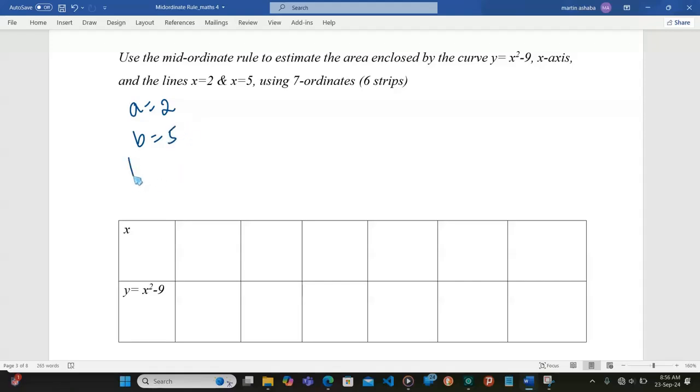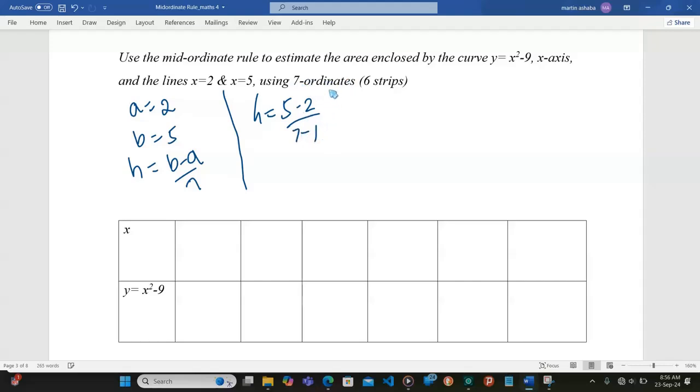What is h? h is the width of each sub-interval, and it is the same as b minus a divided by n, whereby n is the number of sub-intervals. So h is equal to 5 minus 2 divided by n, where n is 7 minus 1.